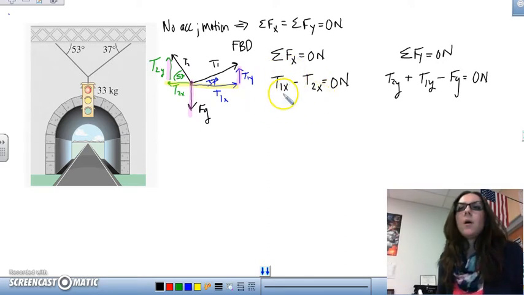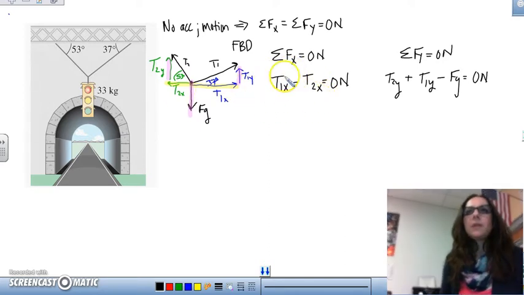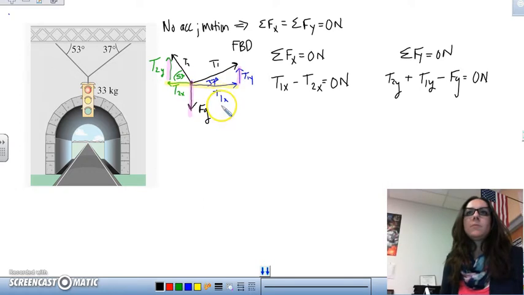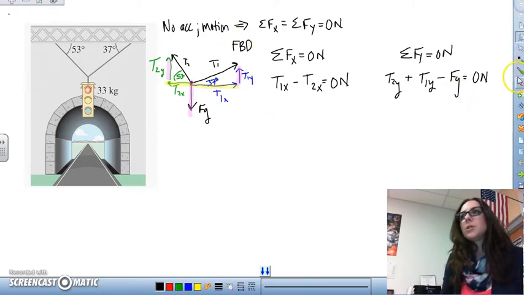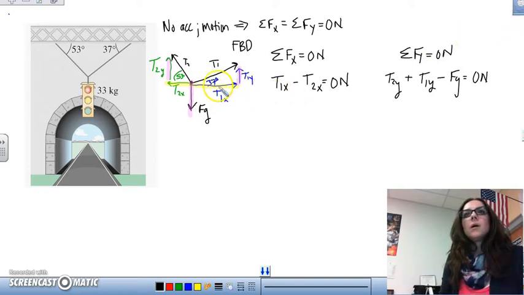So we'll know that if I look at T1 right here, let me just change this so it's pen, okay? What we'll see is that T1x is actually a component of T1. I'm just going to do this right here.